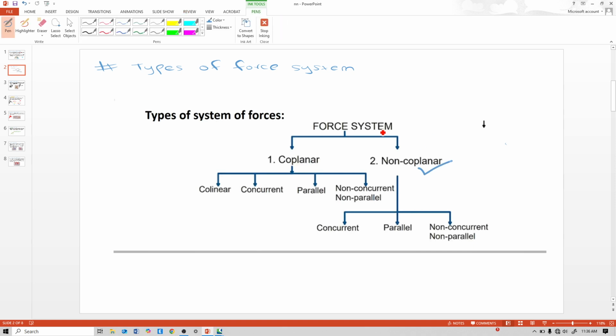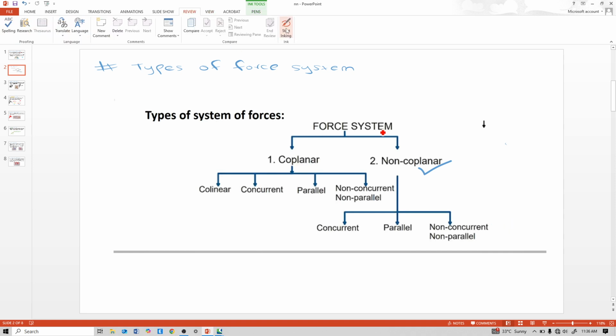Now, non-coplanar non-parallel force system.